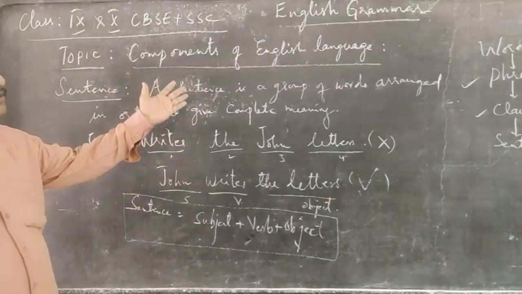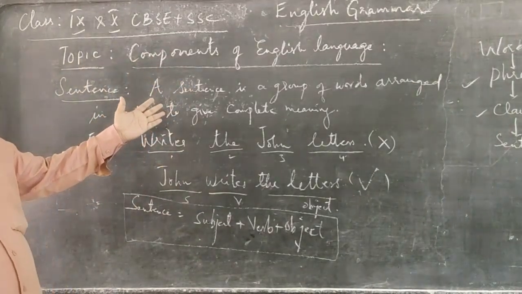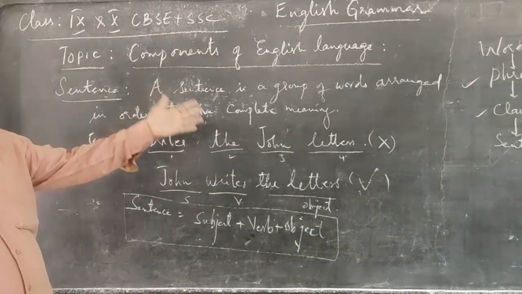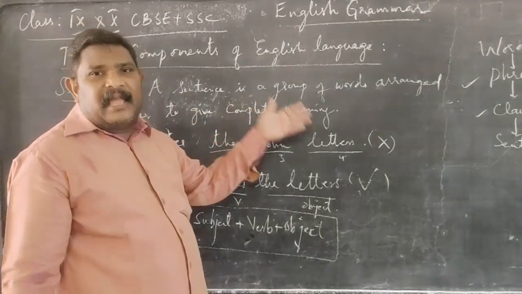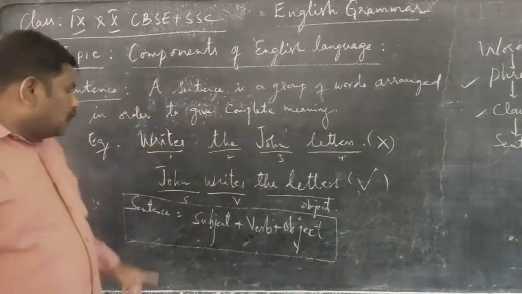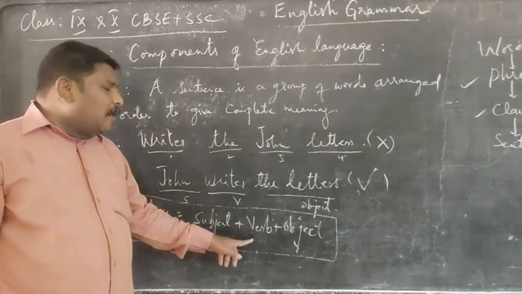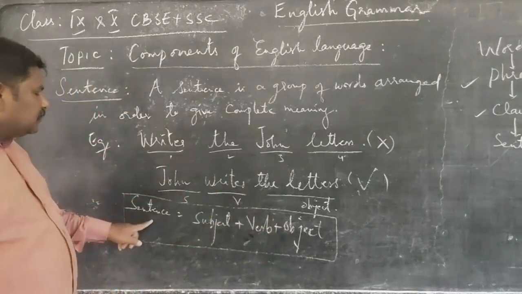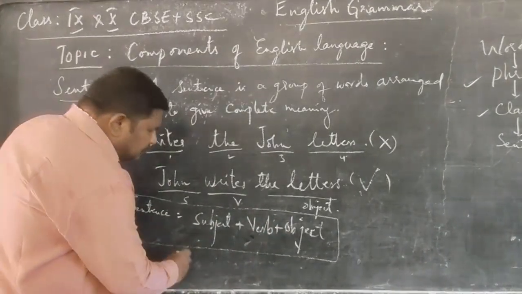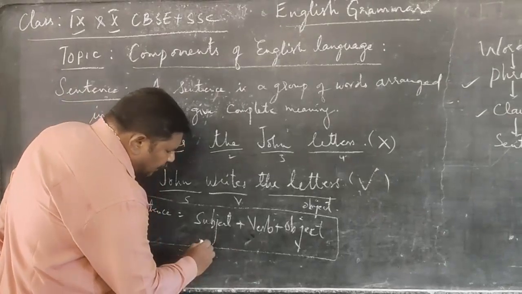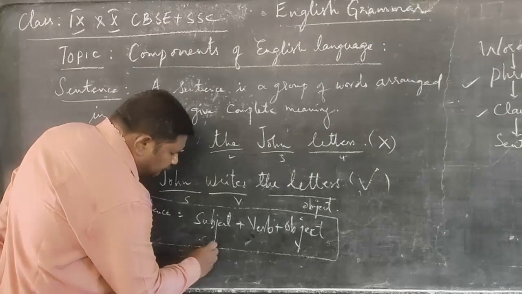Now, in our previous examples also, you have seen: the boy is standing at the gate. The boy is the subject, standing is the verb, and the gate is the object. Subject plus verb plus object forms a sentence.